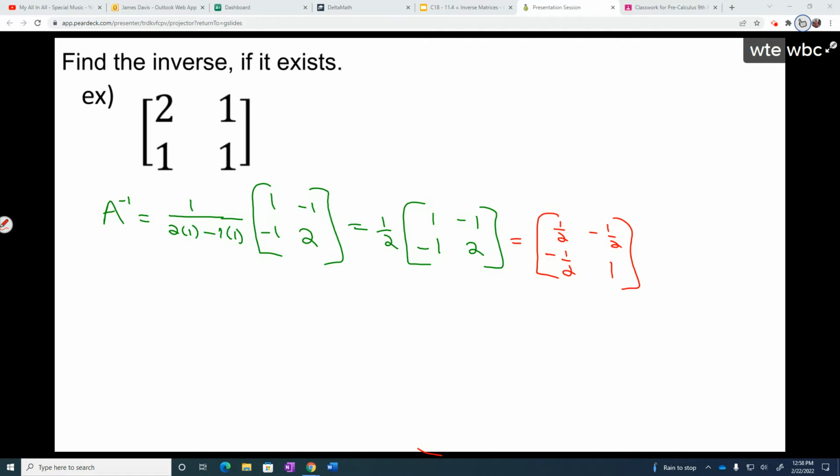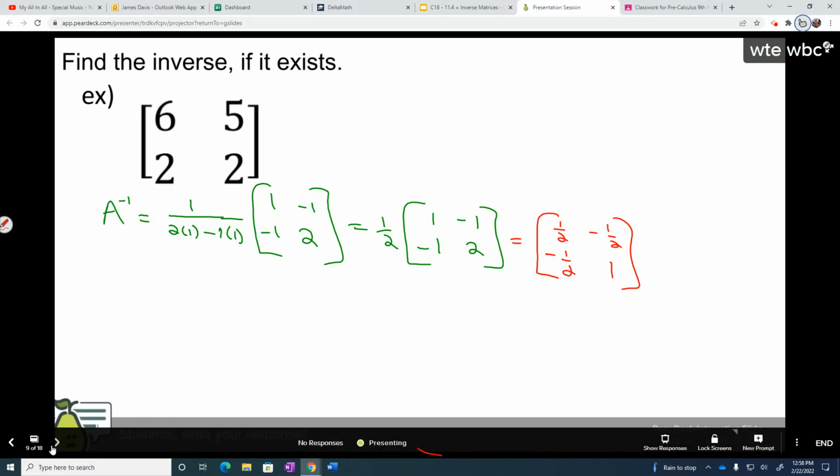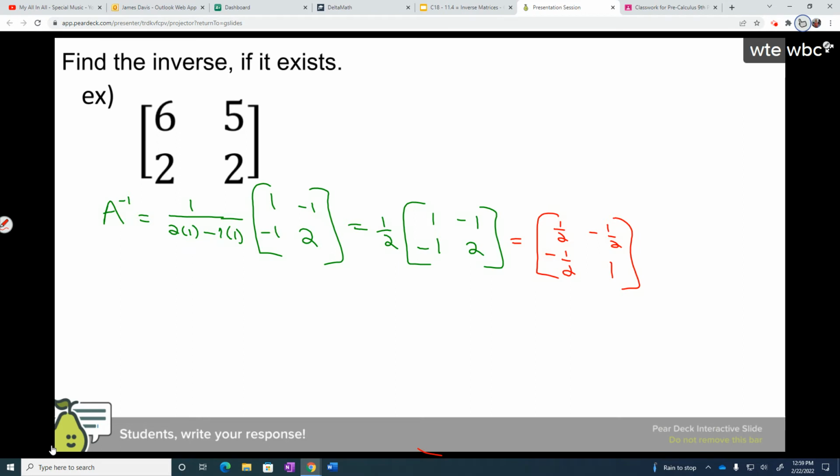That's the inverse. Pretty easy, right? Let's do one more here. Take a second and try this one here. I don't know if I'll write out the formula.